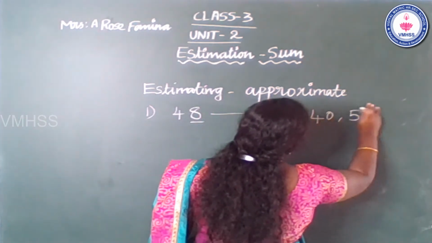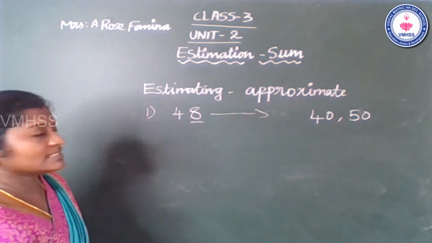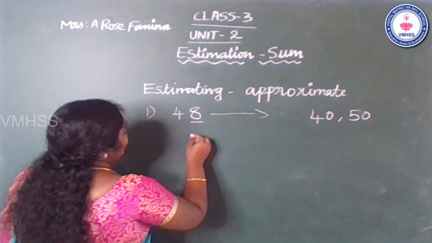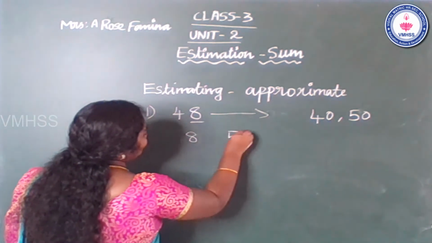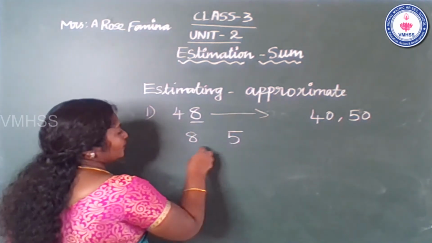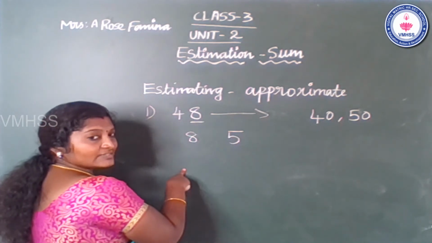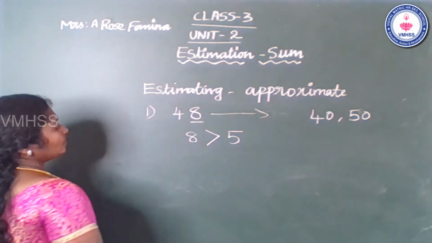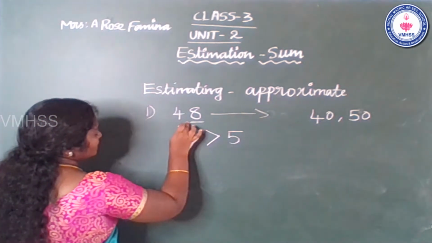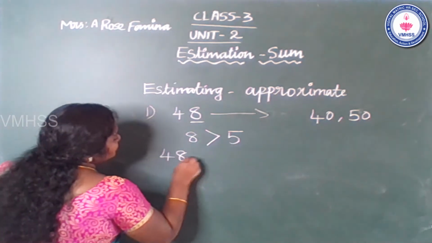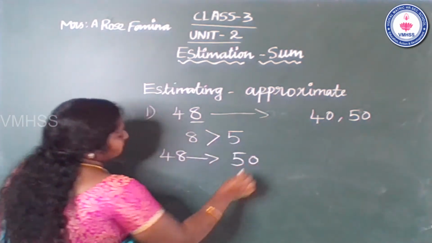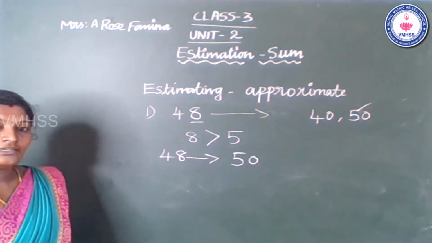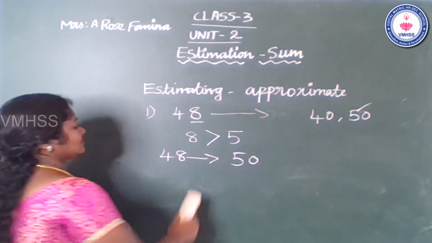Which one is the correct rounded value? Compare 8 and 5. Is it greater than 5 or less than 5? Very good, greater. So the rounded-up value of 48 is 50. This is the correct answer. Okay students, next sum.